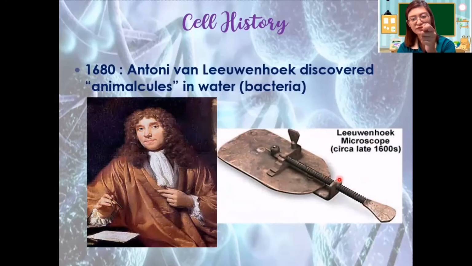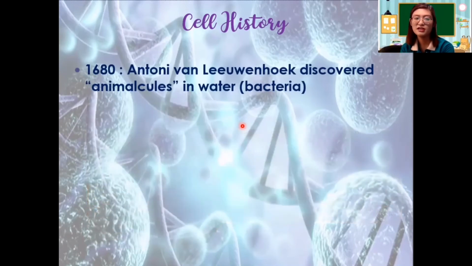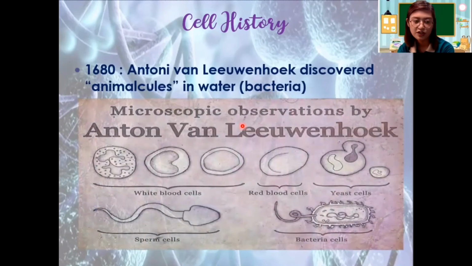You just hold this part here with your hand and closely view an object using the small lens found at the middle portion of this mini microscope. Again, Anton van Leeuwenhoek or Antony van Leeuwenhoek, there are two versions of his name, but the most common is, of course, Anton.